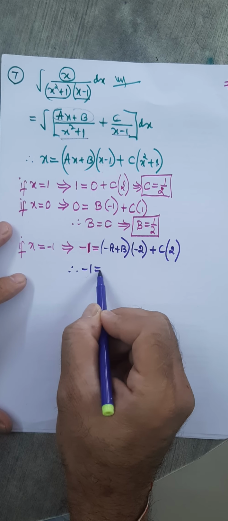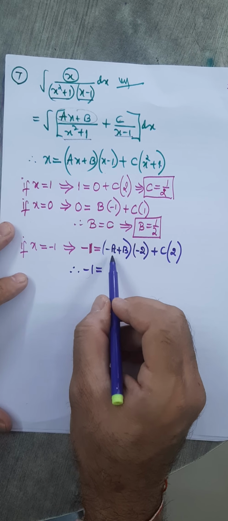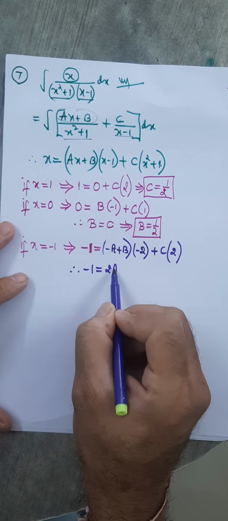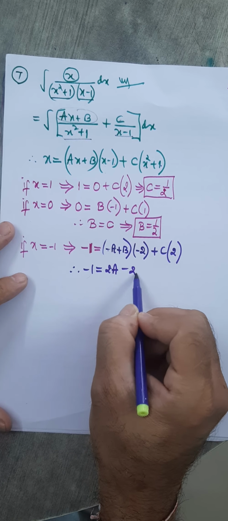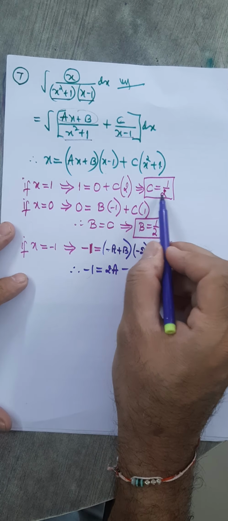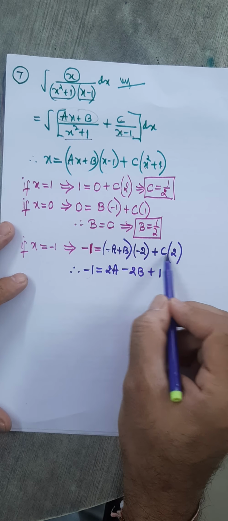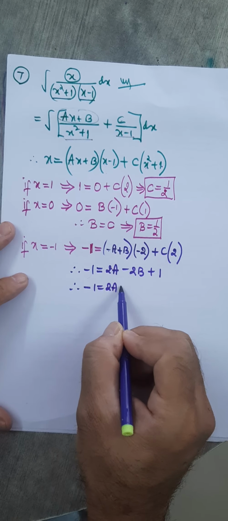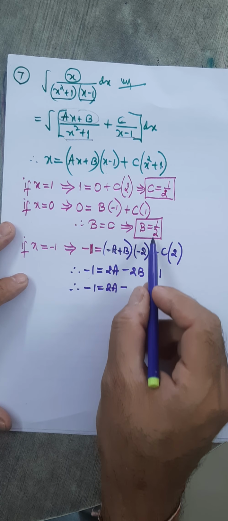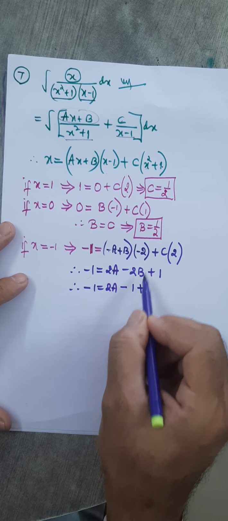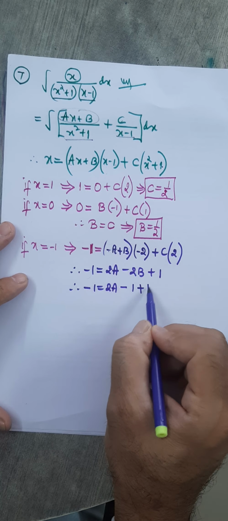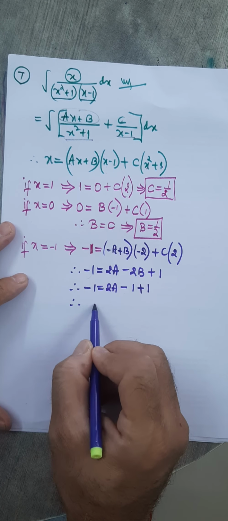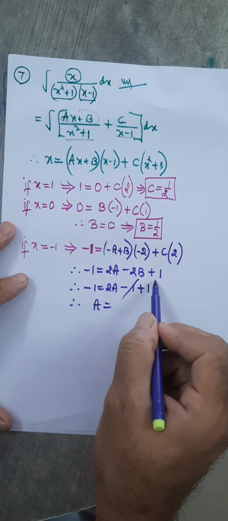So minus 1 equals to, I'll just open the bracket, 2a minus 2b. Now c is half, so this is just 1. So minus 1 equals to 2a minus, what about b? b is also half. So 2 goes away, plus 1. So this is 0, so this will get cancelled.